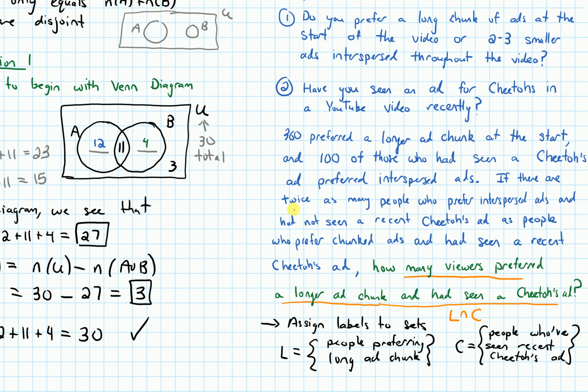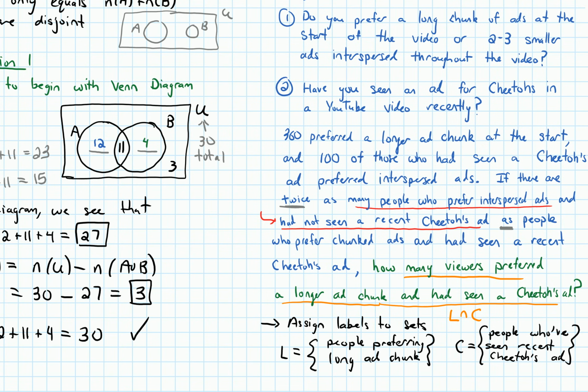So here's the word twice, and it's twice the number of people who prefer interspersed ads and had not seen a recent Cheetos ad as, there's a connecting word, and then I have another set described after that. But let's focus on the one that I've underlined in red. So this is the number of people who preferred interspersed ads and had not seen a recent Cheetos ad.